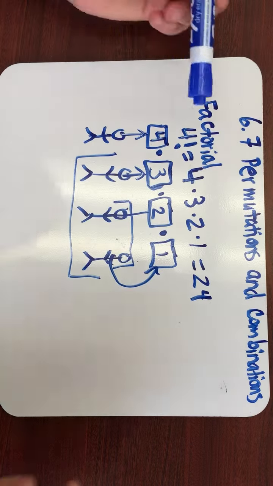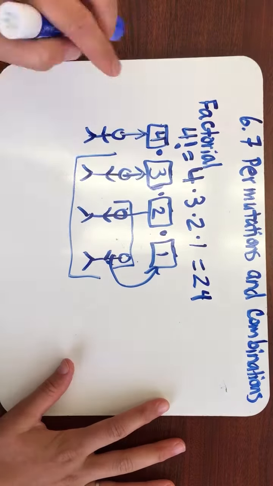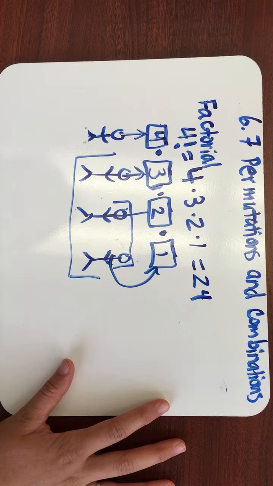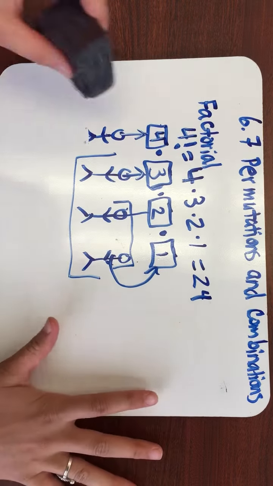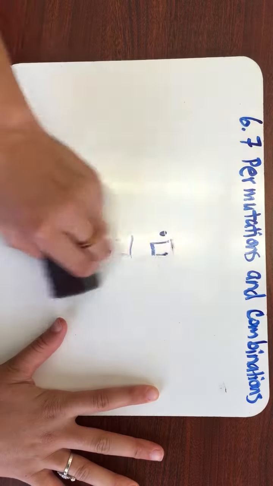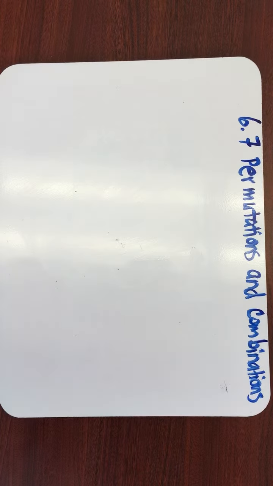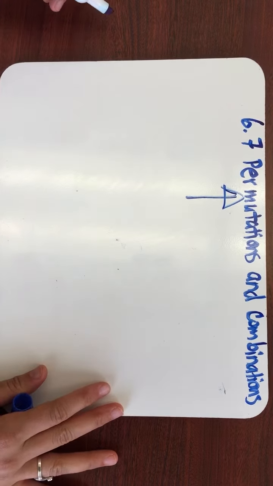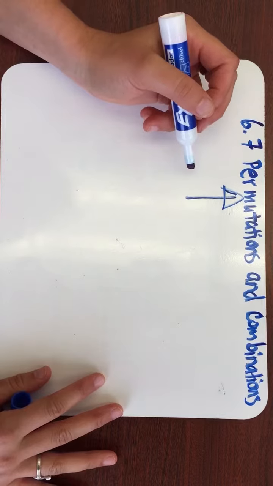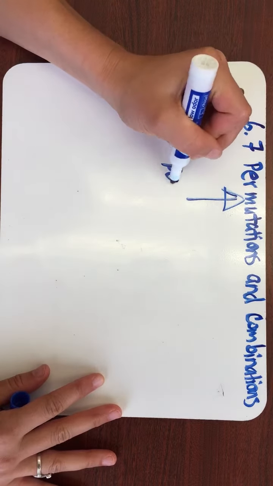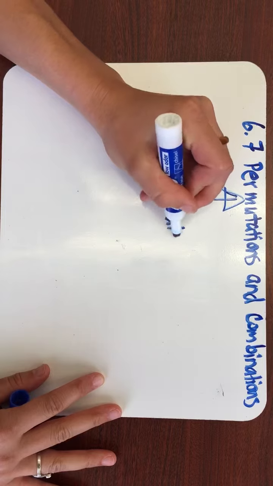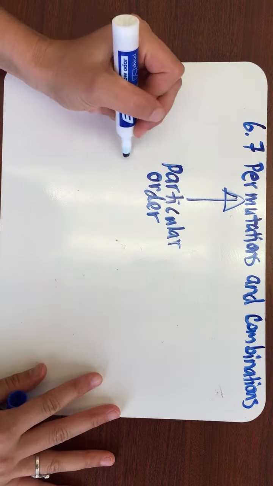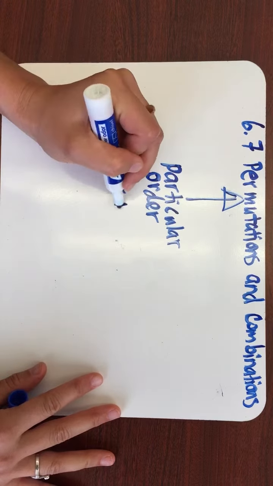So this is if we are using all of them. We used 4 students and all 4 desks. Then this is also a type of permutation. For a permutation, this has to be going in a particular order, meaning the order matters.